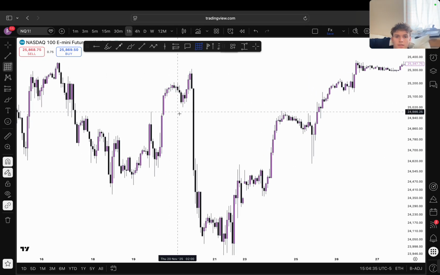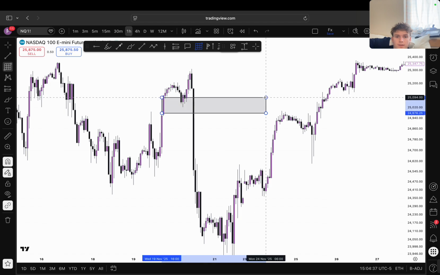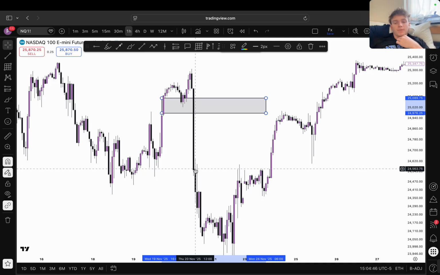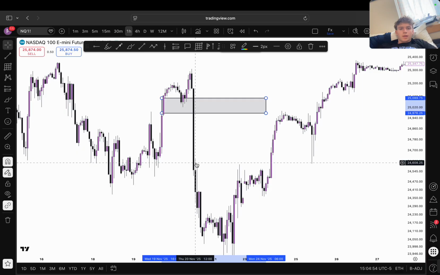This was a fair value gap right here. And then price went up and closed below it, disrespecting the whole fair value gap, and that shows me there's more of a reversal kind of trade. I don't typically use them as much in my trading, but they are definitely very useful.